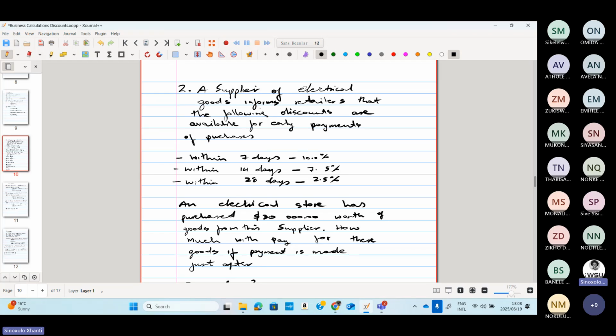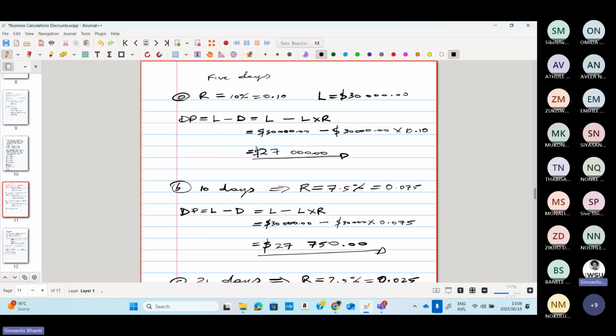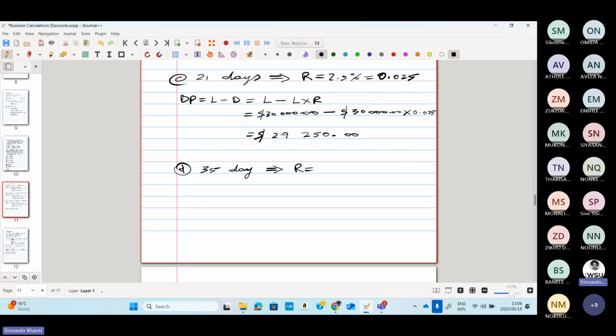So 35 is above that, which means there's no discount at all. So if you are going above this number of days, what is going to happen here? We have 0% because there is no discount.